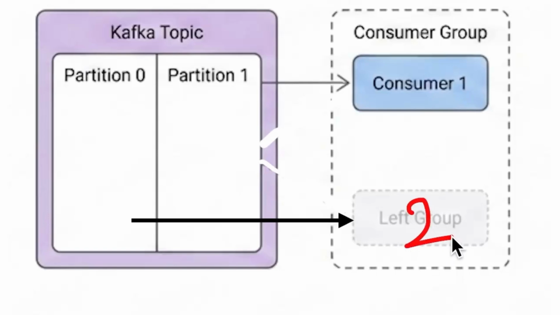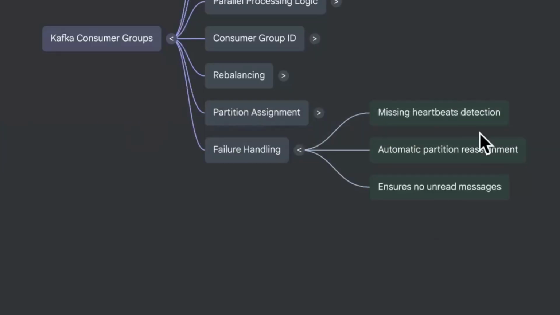At any point of time, if it stops sending, Kafka broker assumes that this particular consumer is not active, and it treats that consumer as having left the group. Then it issues a rebalance. That is what heartbeat detection means. Then it does an automatic partition assignment, and it makes sure no message is unread. That's it.